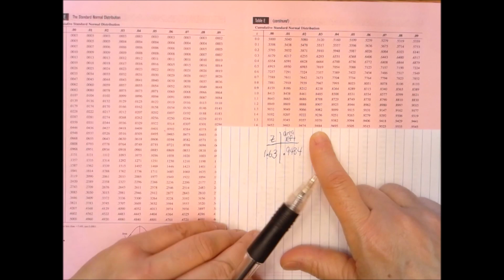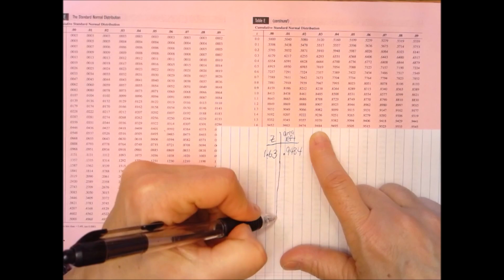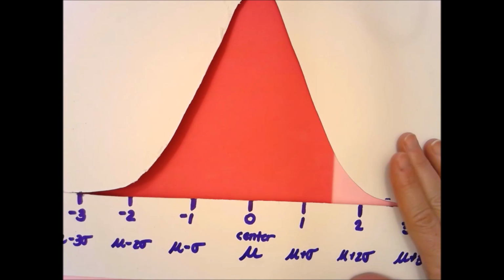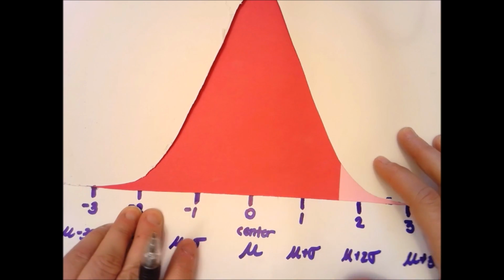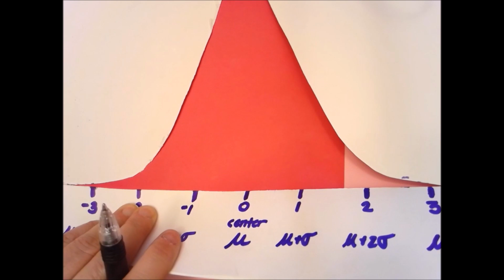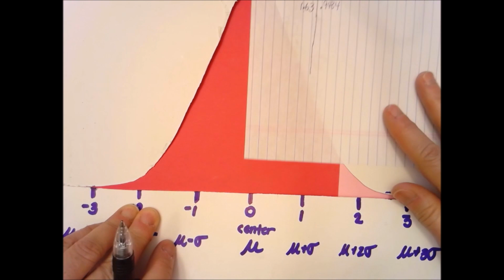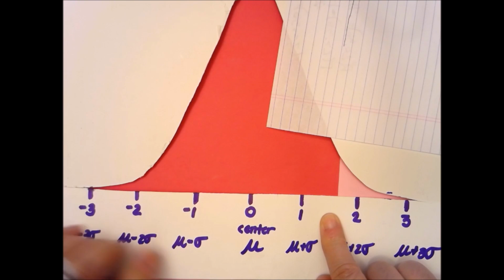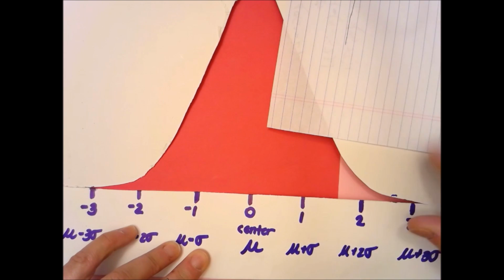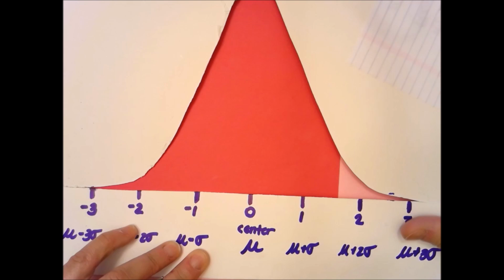So about 95% is to the left of 1.63, and about 5% is down here. That looks about right. Let's look up another number.